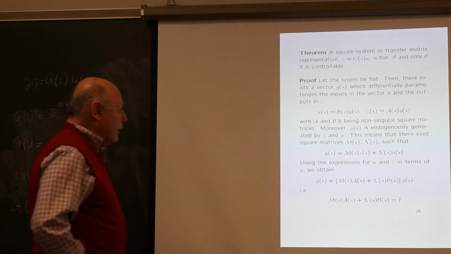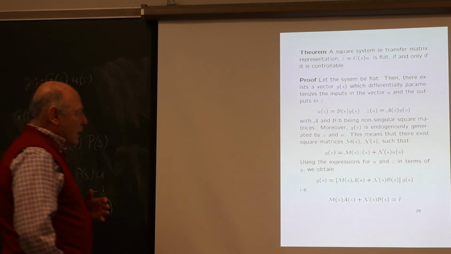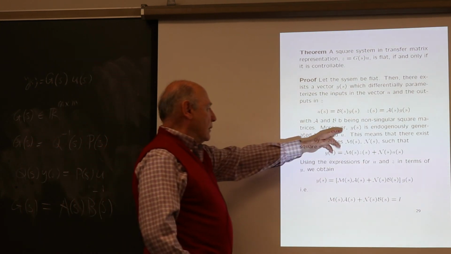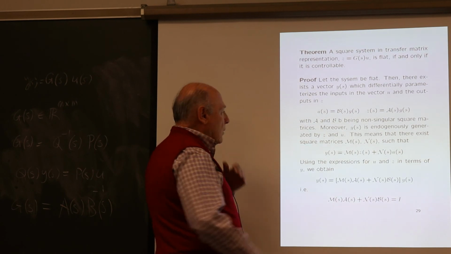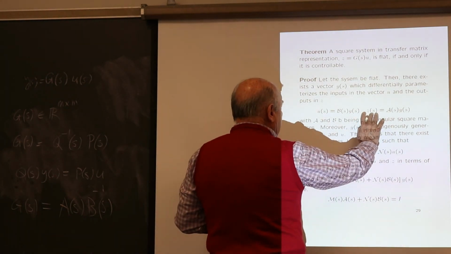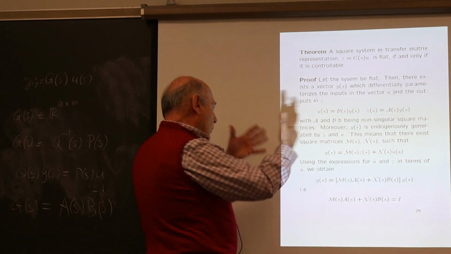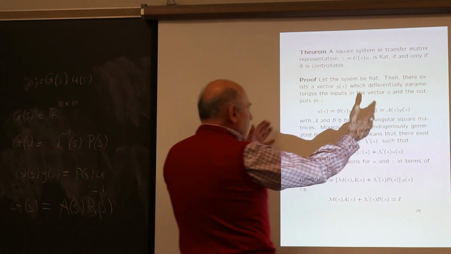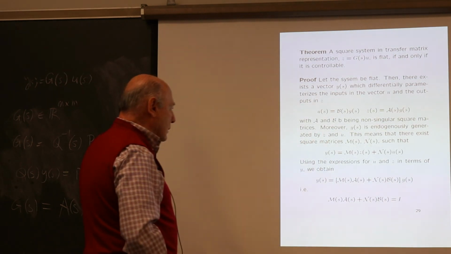And A and B will be non-singular square matrices. So that means that Y is endogenously generated because it is related to the inputs and the outputs. And moreover, when you invert that matrix, Y is a function of the inputs and the outputs by means of the Bezout identity.